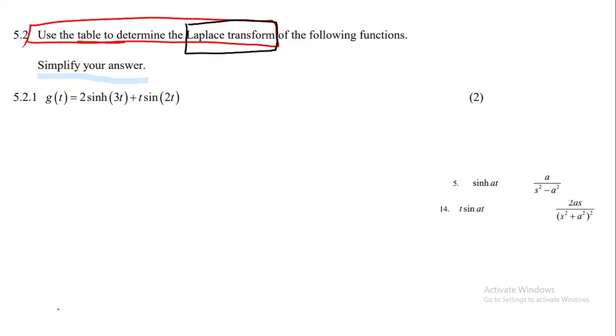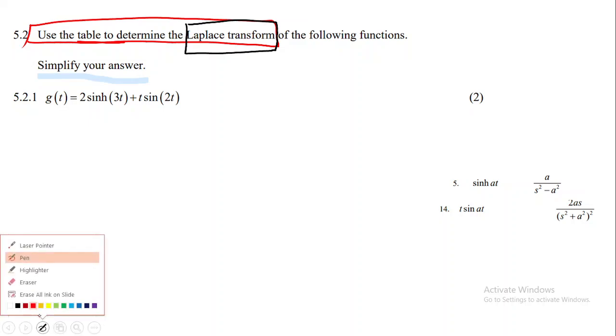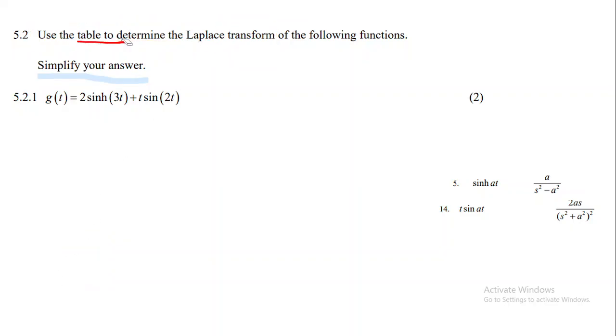I'm going to read the question again. They said we must use the table to determine the Laplace transform of each of the following functions. If you look into your Laplace table, there are different rules which you need to use. Of course, you have to look at the function that you're given before applying the rule, meaning you have to use the proper rule for your equation. You're given a function here, g of t equals 2 sinh of 3t plus t sine of 2t.